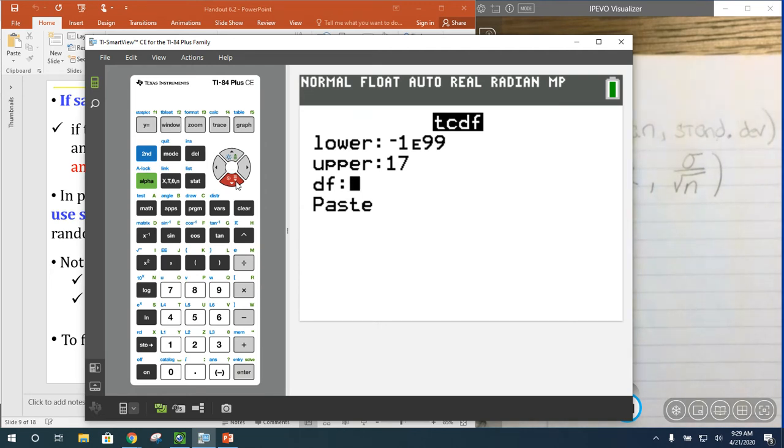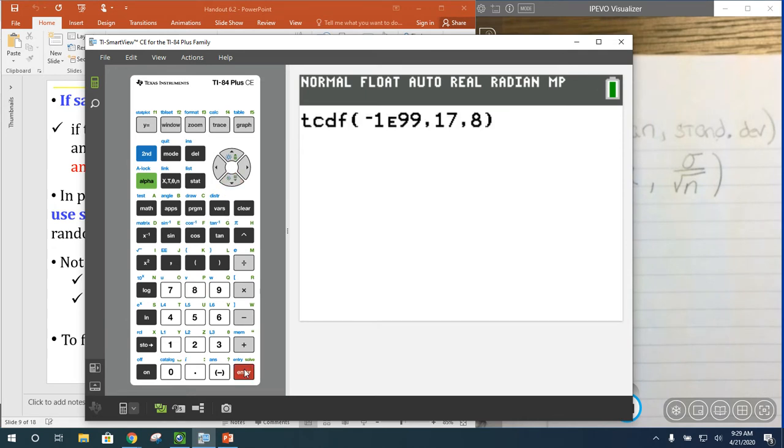Well, then degrees of freedom are 8. And remember, I'm calculating area here. So I actually have a very high area calculation from negative 1E99 up to 17 on my distribution. I would have, remember, about the 99th percentile. And these are just numbers to put in.